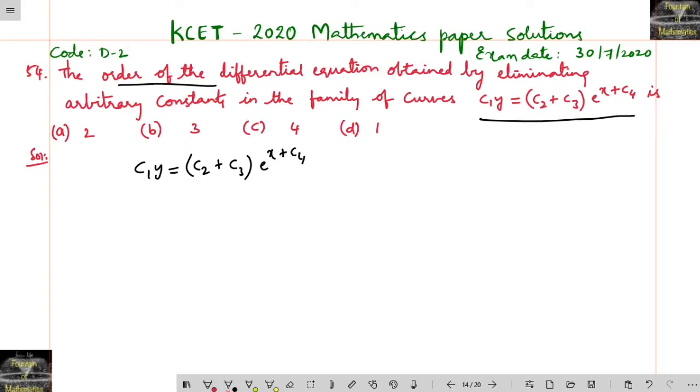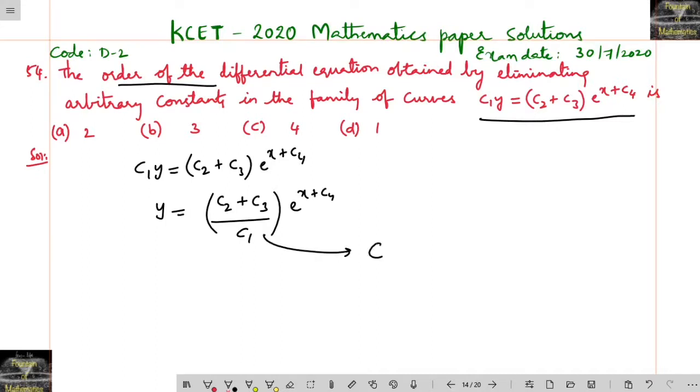So let's simplify this part. We can write y is equal to C2 plus C3 divided by C1 of e to the power of x plus C4. And C2 plus C3 upon C1, the whole thing I can take as some constant.